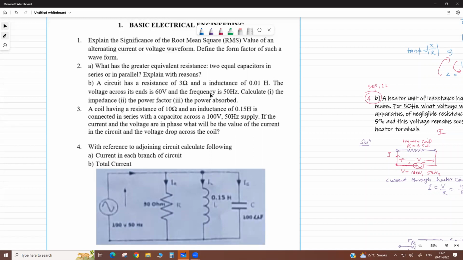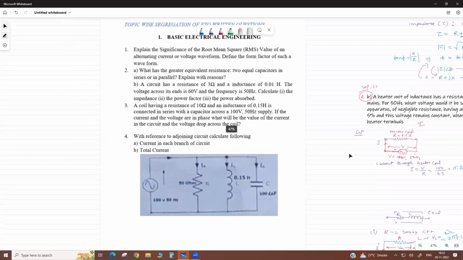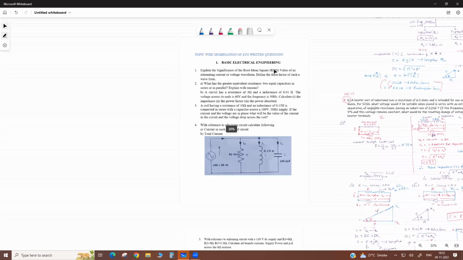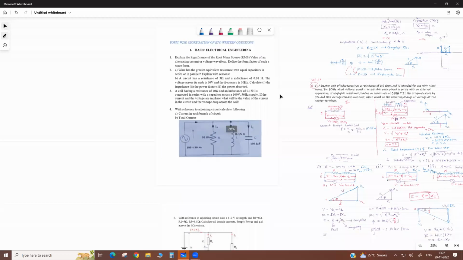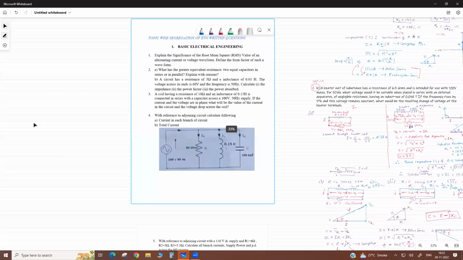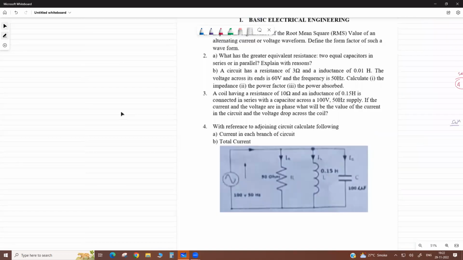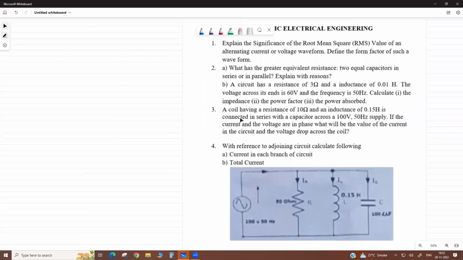And one numerical is given, a series RL circuit. You know this, or should we solve this? Hello? Yes, is it required to solve? Okay, also, please.